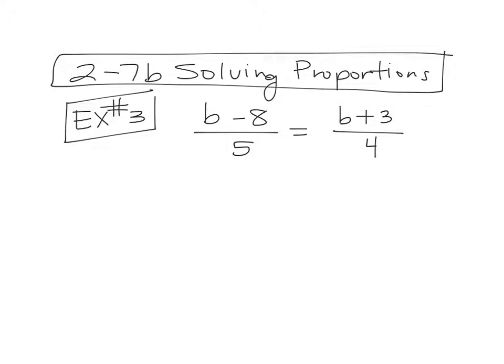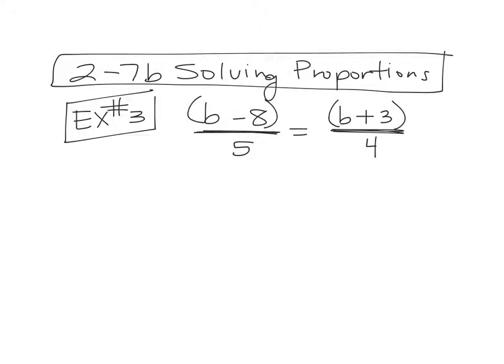So here's the deal. The division bar acts like parentheses, okay? So when we cross multiply, we're going to put in those parentheses. This division bar here is basically saying put parentheses there, and this one too. That way when we cross multiply, you will see the distributive property needs to take place.